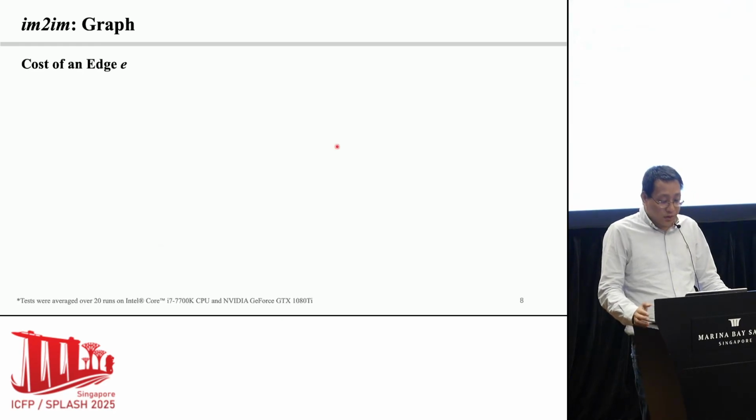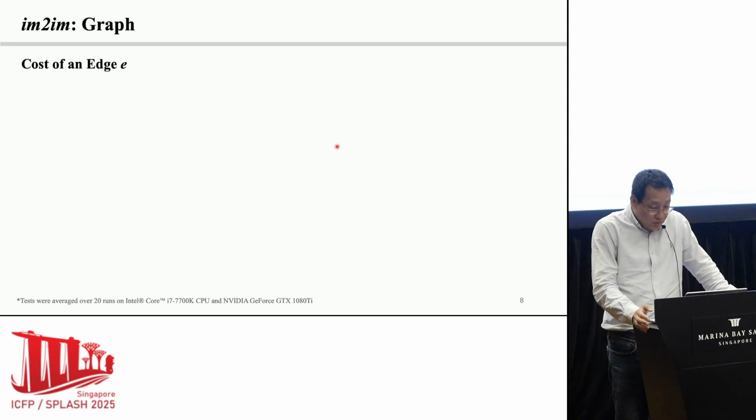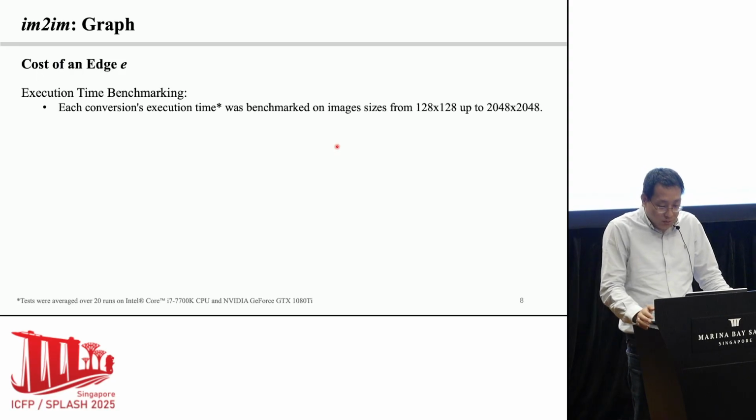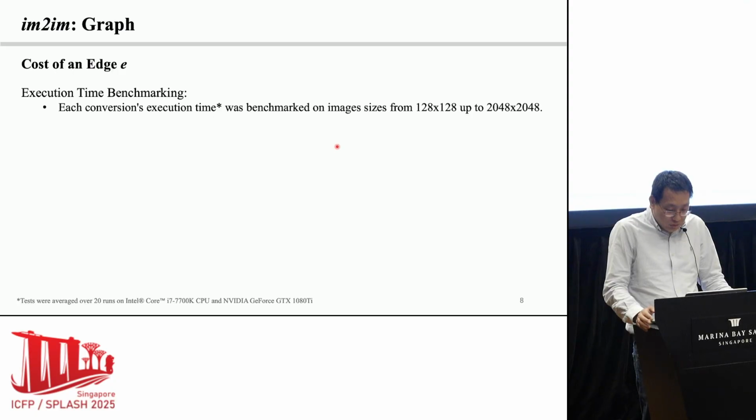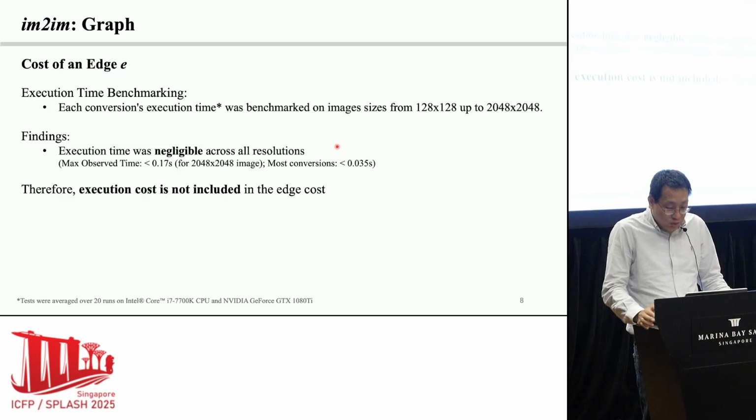To design the cost of a conversion edge, we benchmarked the execution time of each conversion across multiple image resolutions. The results showed the execution time was negligible at all resolutions. So we do not include the execution cost as a factor in the edge cost within our graph model.